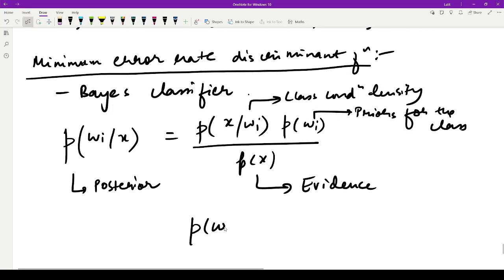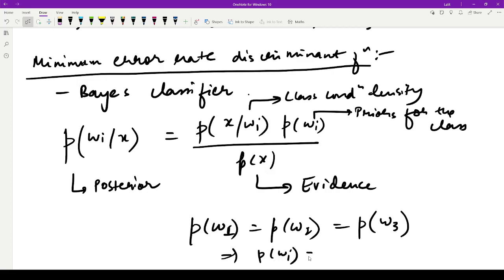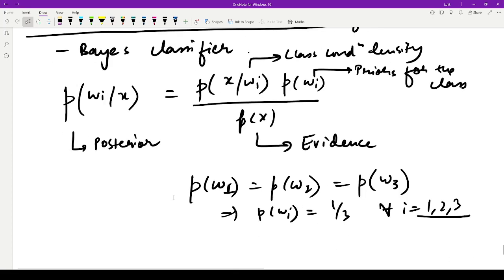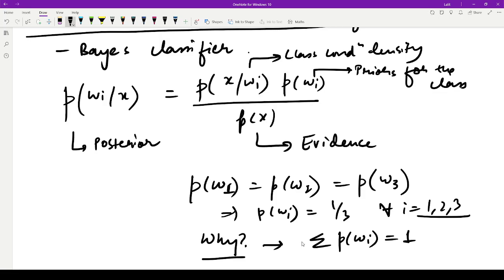Okay, so what is the priors for the class? What would be P of Wi? So we know that it's same for all the three. So this implies P of Wi will be 1 by 3 for all values of i is 1 to 3. Yes? Do you agree? Why? Because every person beforehand, we do not know whether that person has, so we could put him in any of the boxes.